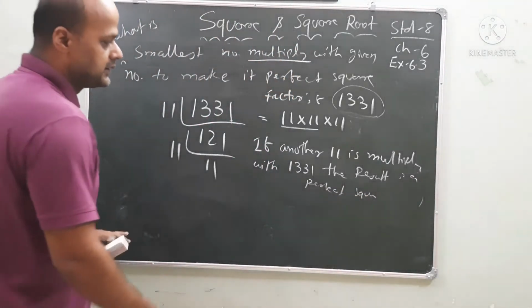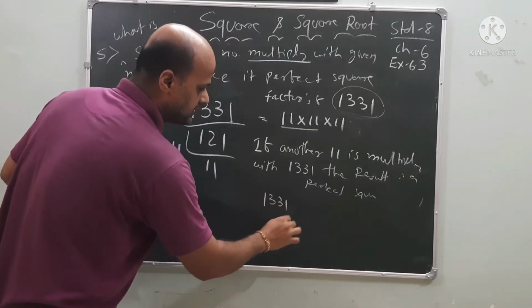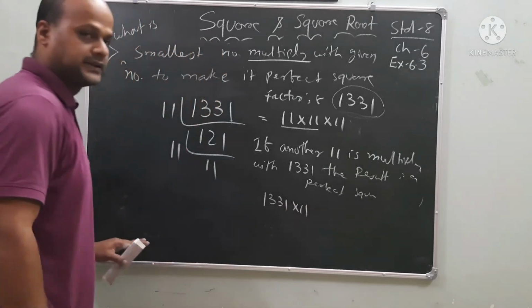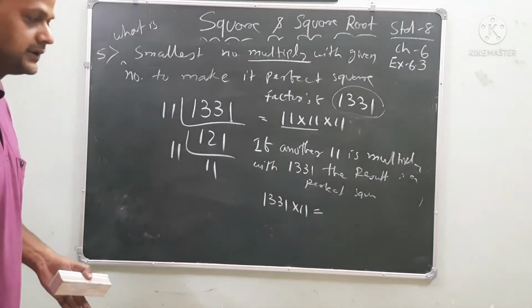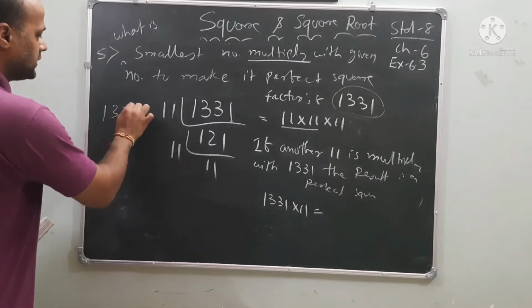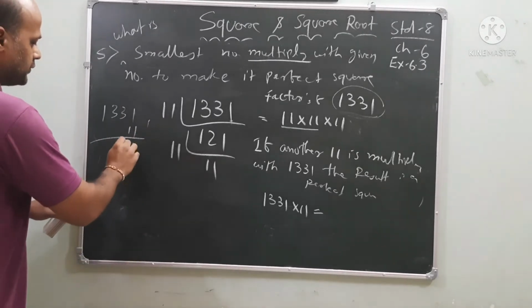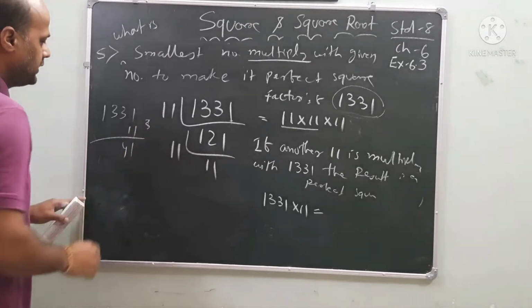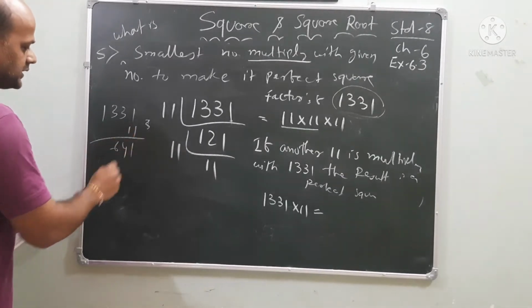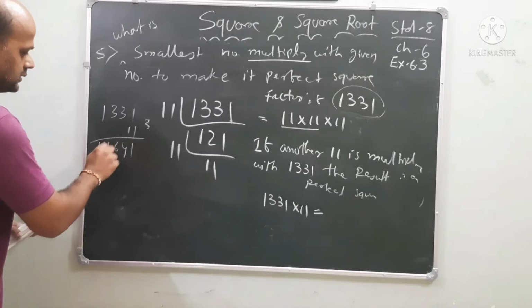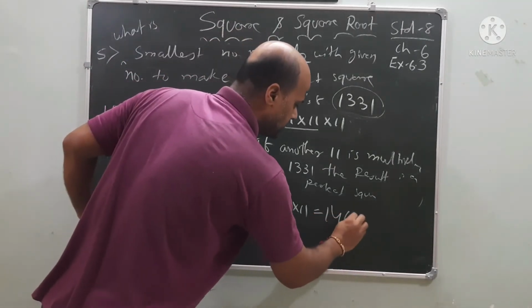Just tell me now, 1331 into 11. Yes or no? So how much is it coming? Multiply it. You have to do 1331 into 11 on the rough side. 11 1 1, 33 4, 3, again 33, 36 6 3, 11 1 11, 3 14, 1 4 6 4 1.